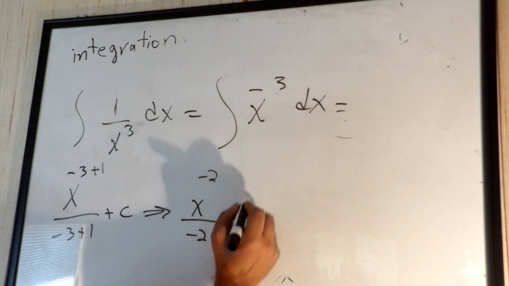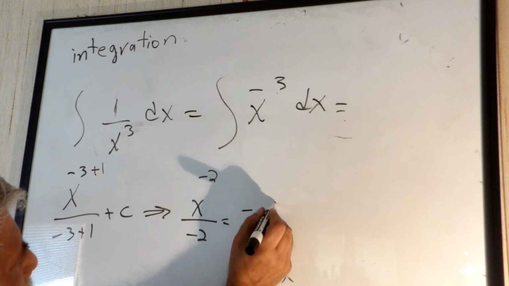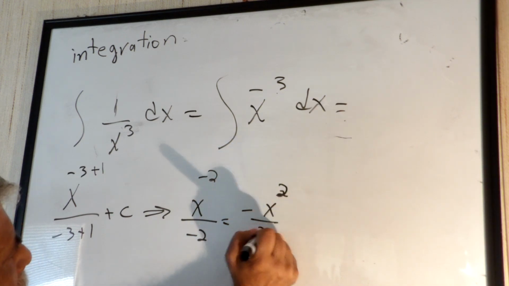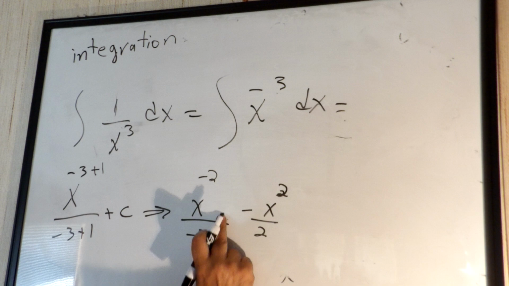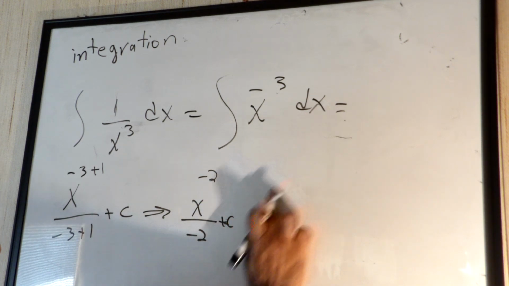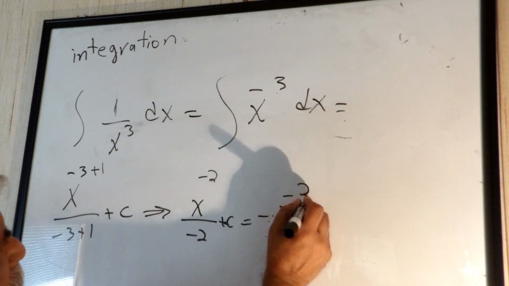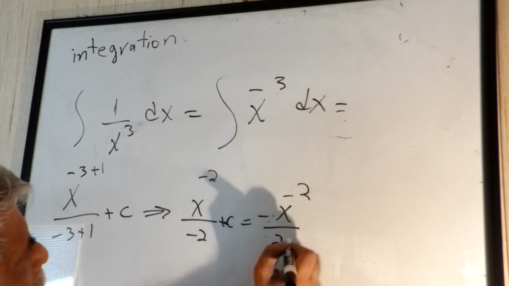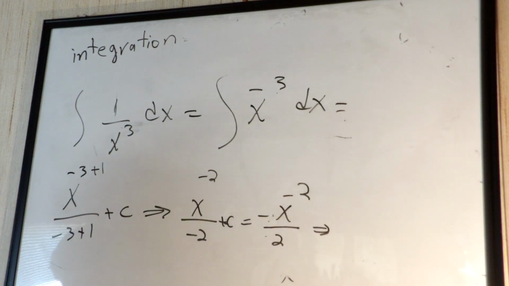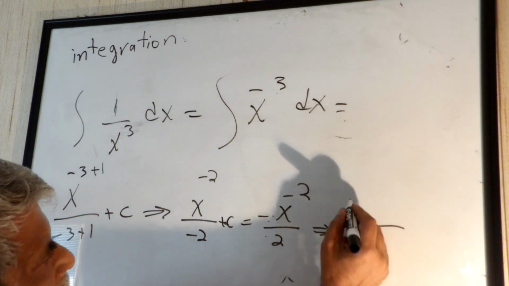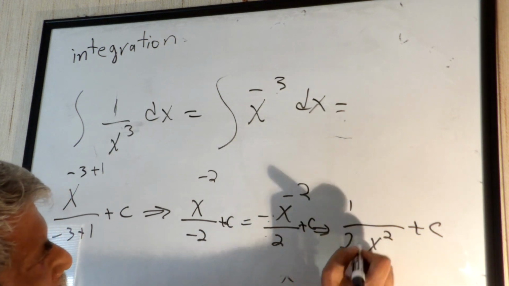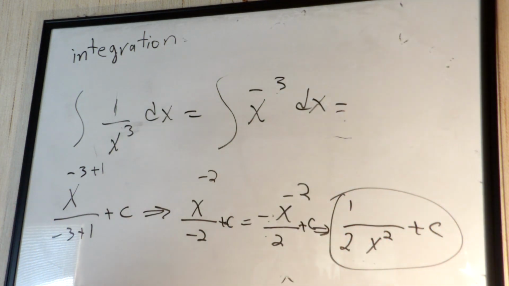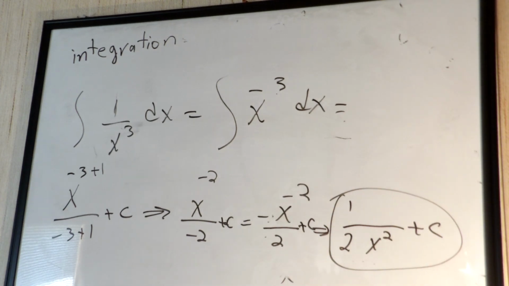It is actually going to be minus x to the power of 2 divided by 2, because this minus is going up here, plus c, and it's going to be minus x^-2 over 2. So actually, when you have something like that, you can write it as minus 1 over 2x^2 plus c. We can write it in this form, because you can bring it down to the denominator and write it like that.